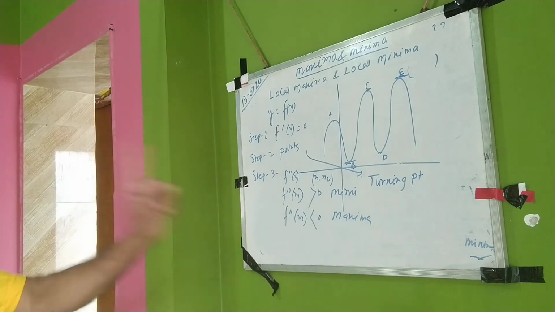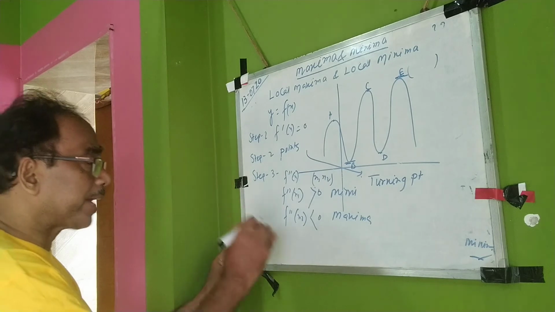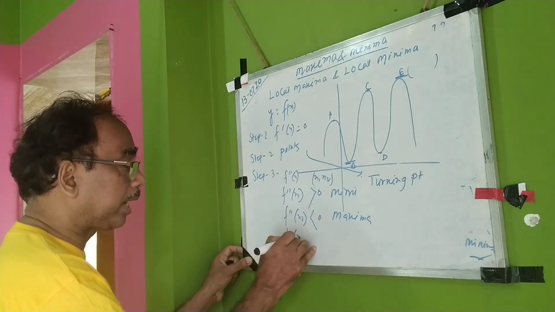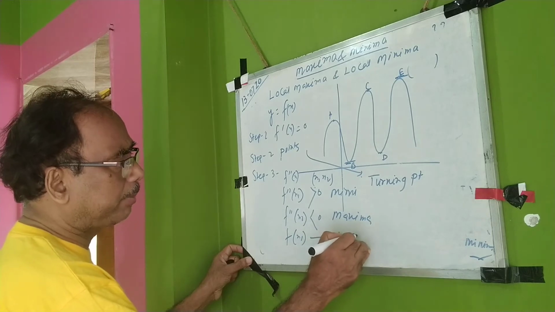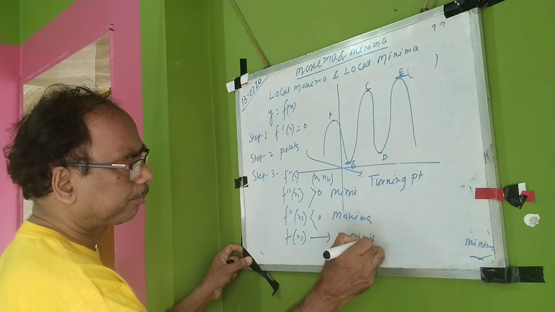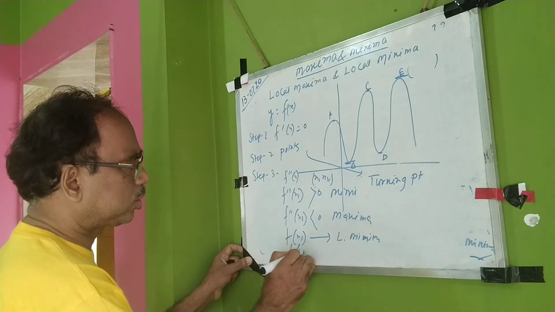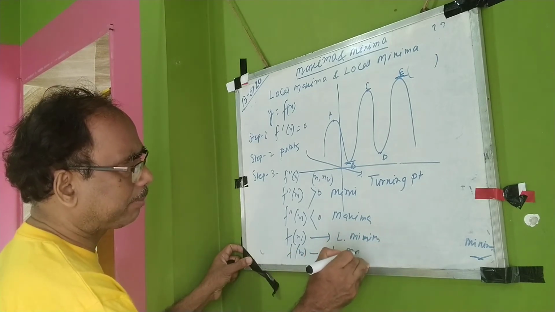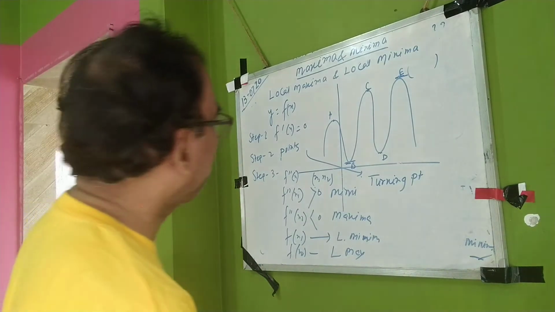What is the maximum value? You have to put it in f(x1). f(x1) is the local minima, and f(x2) is called the local maxima. That is the step by step procedure. You can find the local maxima and local minima.